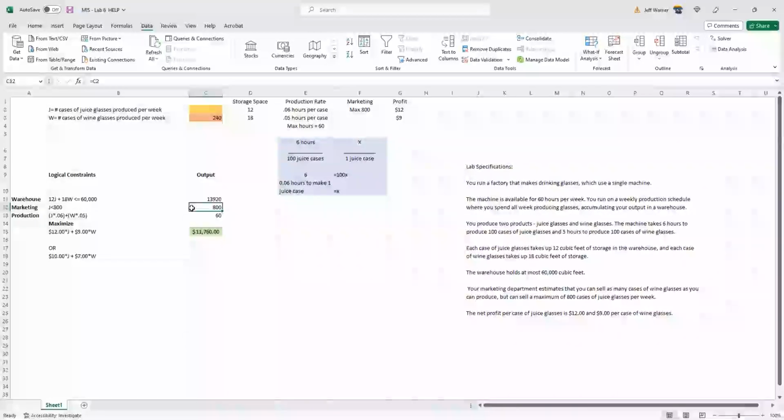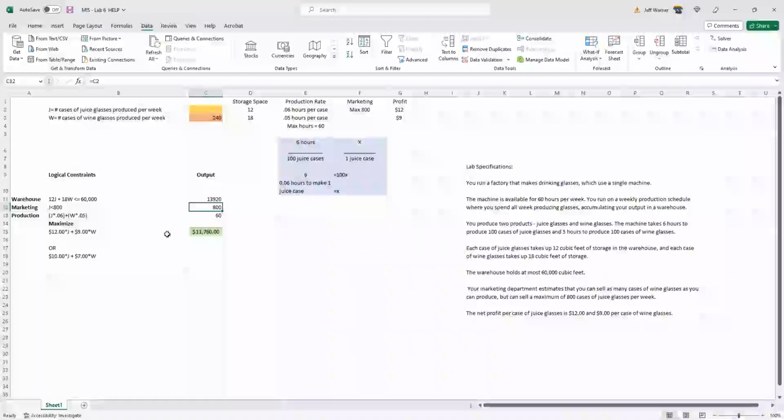So that maxed out at 800. And we're going to run that machine a total of 60 hours through the week, producing all of the glasses we possibly can. So while we maximize production and marketing, you can see that our warehouse space is not maximized. But again, we have to be attentive to all three constraints.